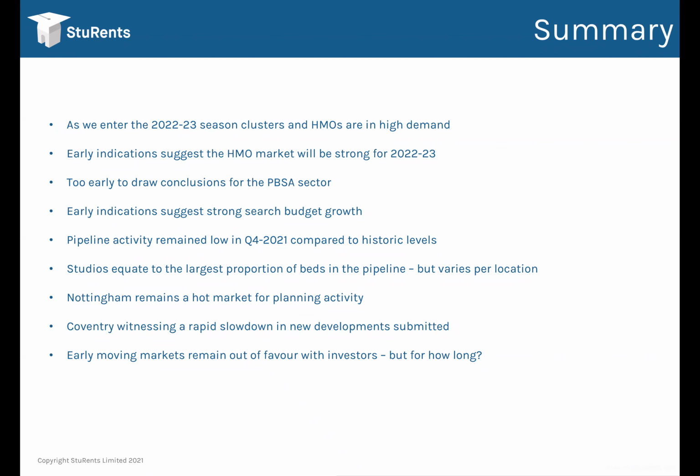We saw from the inquiry growth year on year that it has been very strong, and we would expect that to continue. In the PBSA sector, it's a little bit early in the season to draw too many conclusions. Normally the season really kicks off after the new year, but we are seeing some positive signs for some key markets, which we've touched on.